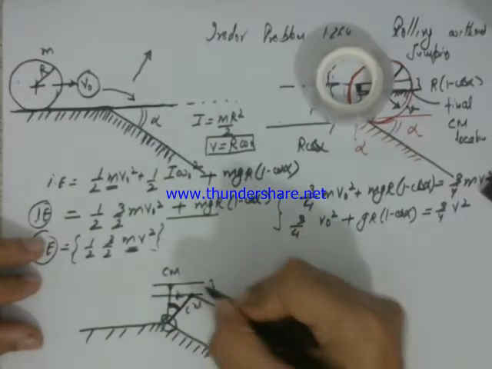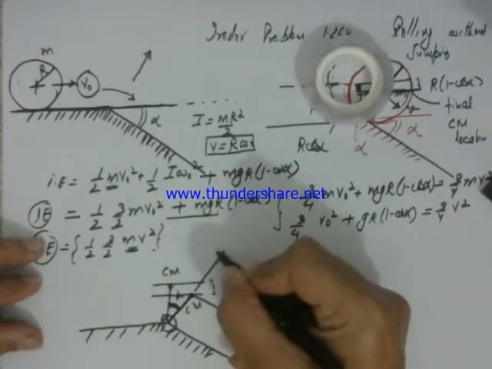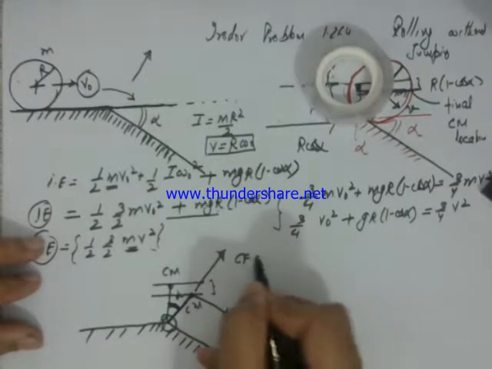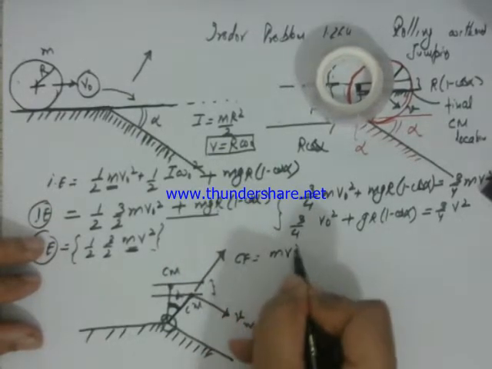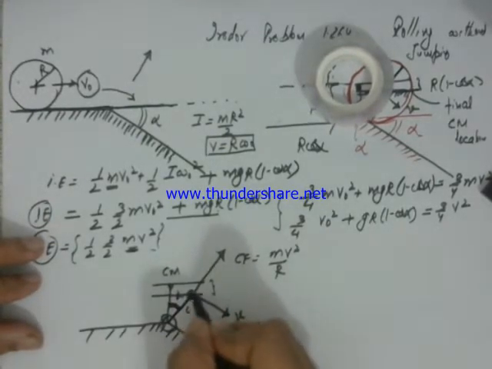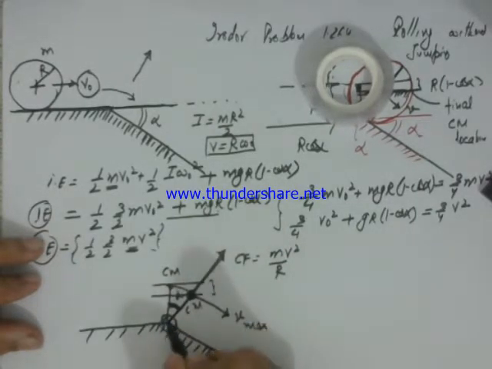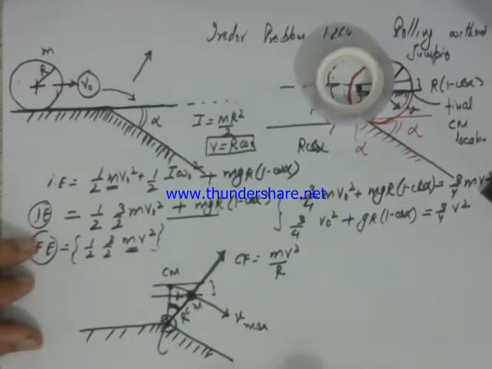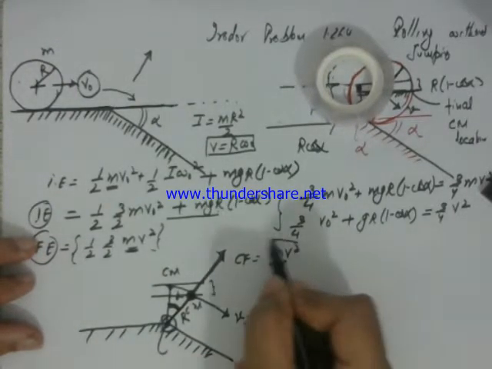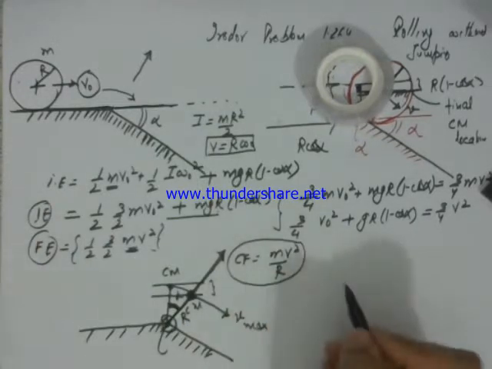So the center of mass is now experiencing a centripetal force equal to m v square upon r. This acts on the center of mass, which is rotating at a radius r from the point of contact. That is why the centrifugal force is m v square upon r.